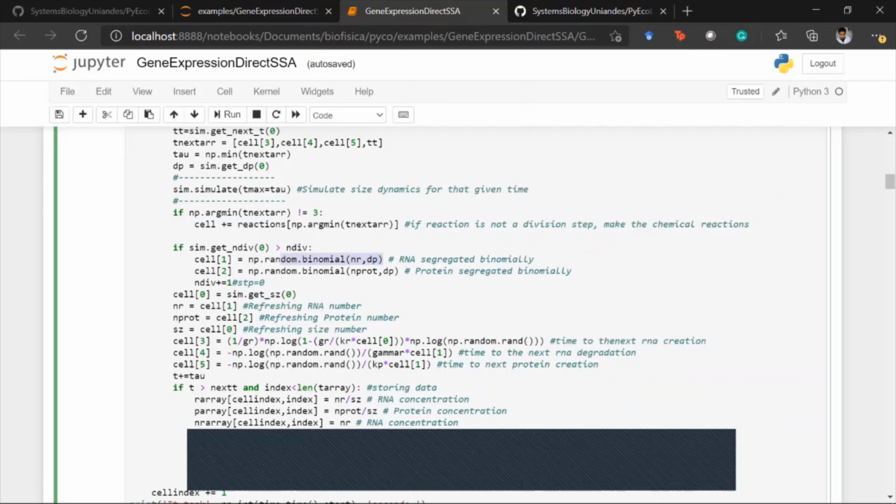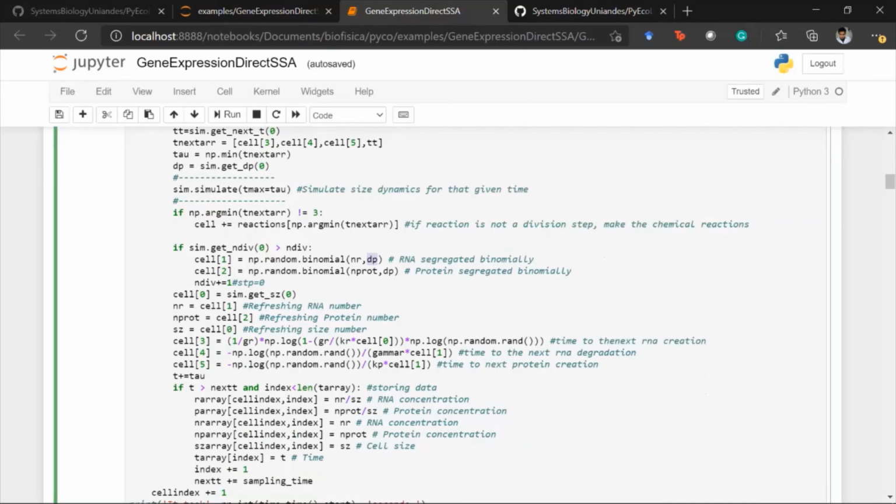you divide and you segregate your RNA and protein using a binomial random variable with this dp, which is the division parameter. I mean, if the division is considered perfectly on a half, this division parameter is just 0.5.